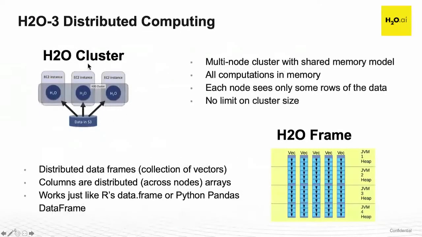So real quick, the architecture of H2O-3. I am talking to you about H2O-3 so you get a sense of the architecture before we move to Sparkling Water, and you'll see how they're related. H2O-3 is a distributed computing platform. So it does distribute your data across the nodes wherever you're training the models. So whether it's on your local machine or it's on a Spark cluster, which we'll get to, your data is distributed, your columns are distributed, and you can still interact with it just like, say, a Pandas data frame.